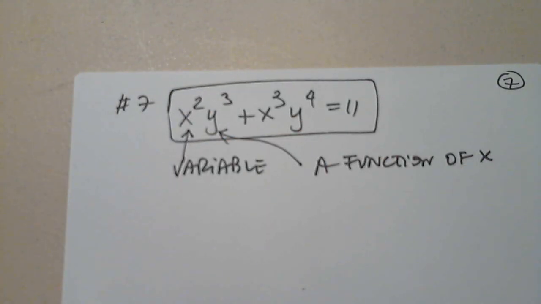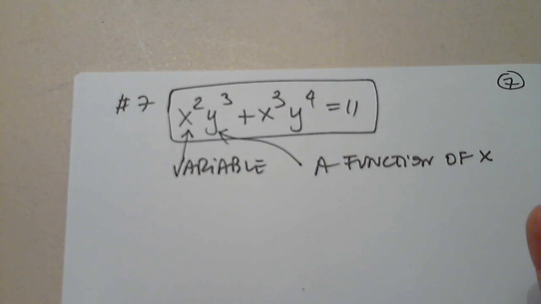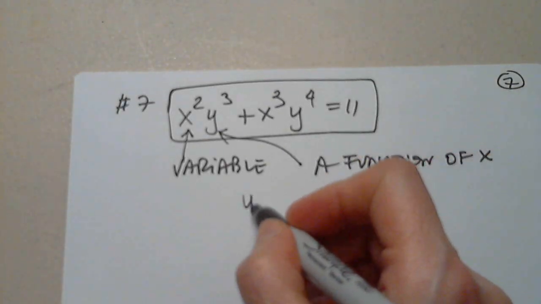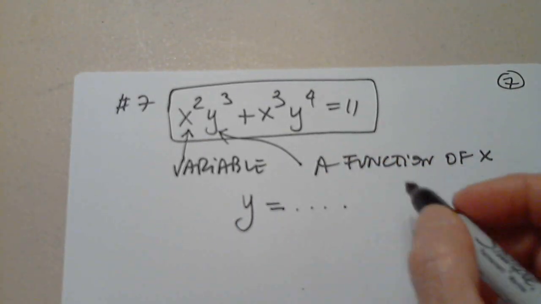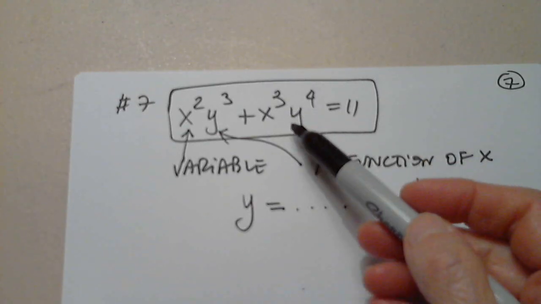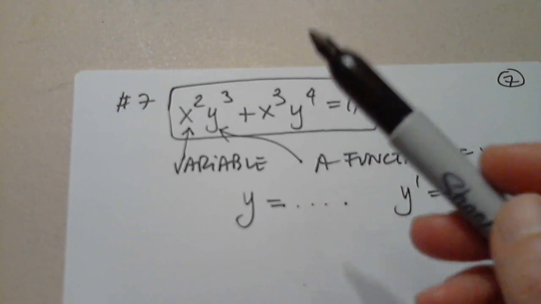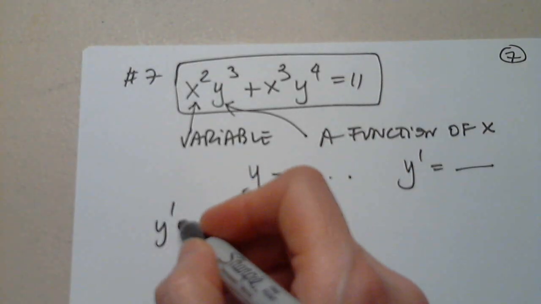Not by hand anyway, not without a computer program. No one can solve this for y. So if you had given me y, then I would have found y prime in a blink. But you cannot give me y. You just gave me this equation. And you asked me to find y prime.